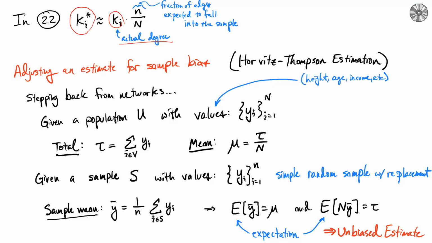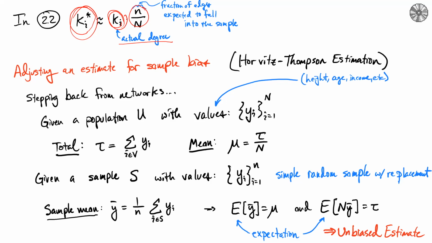And again, that's going to depend on the sampling method. But first of all, we know that this is going to be a fraction, and second of all, this gives us a way of quantifying how the actual degree is going to be related to the sample degree.